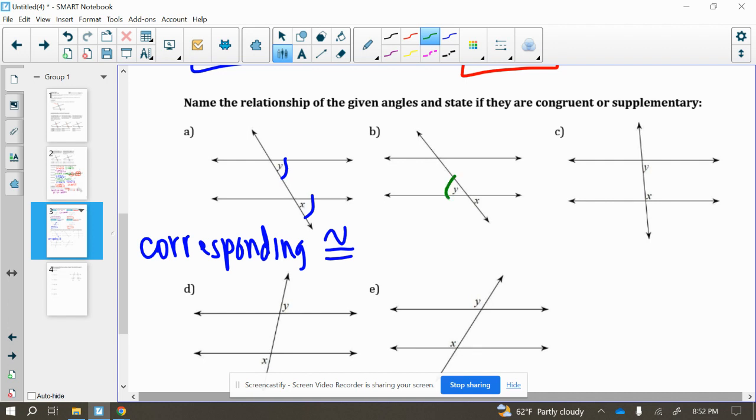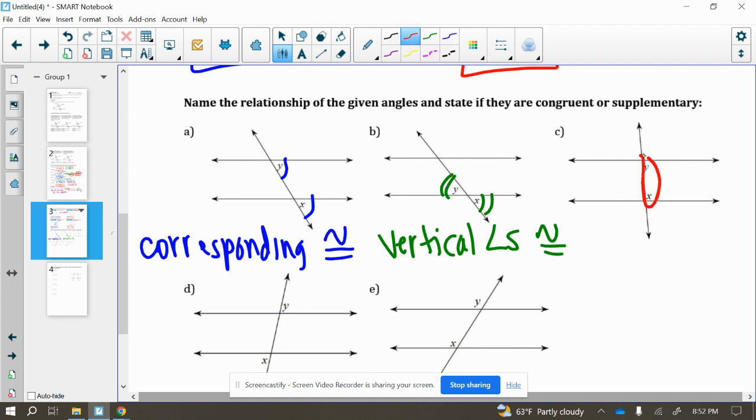In the next one, going back to the last topic, we have two vertical angles. Regardless of whether the lines are parallel or not, vertical angles are always congruent. We knew about that from the last unit, even without parallel lines.